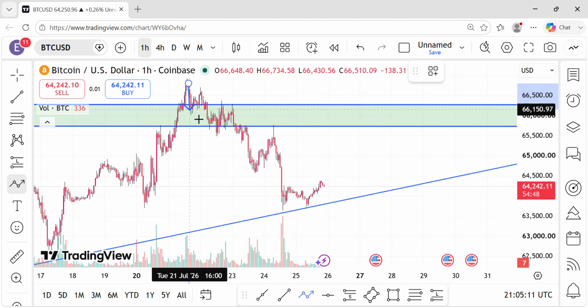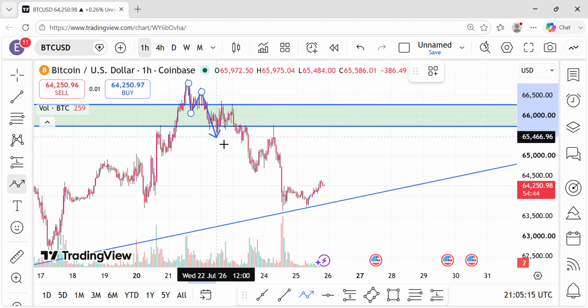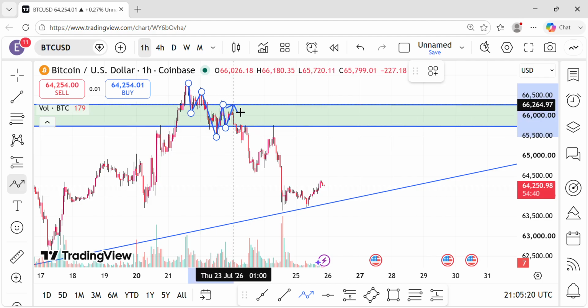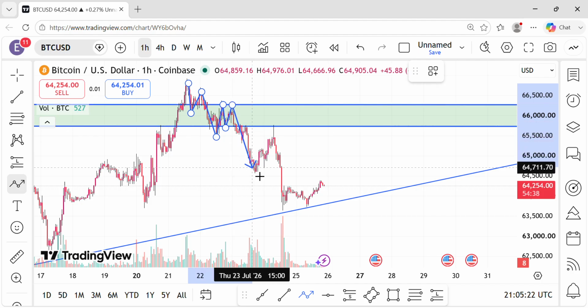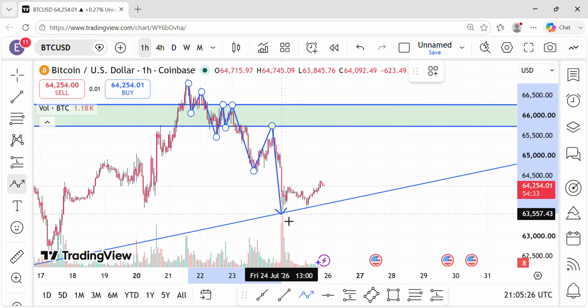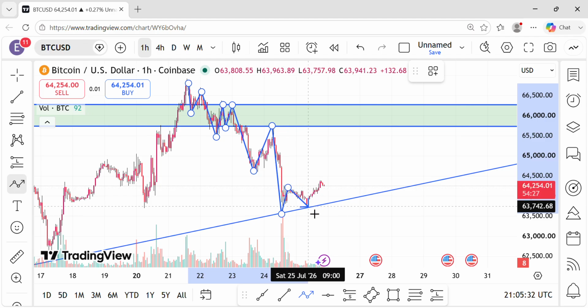We can see there are some lows, lower high, lower low, lower high, equal highs, lower low, lower high, okay, a lower low. We pull back a little bit, okay, and this looks like a higher low, you see.